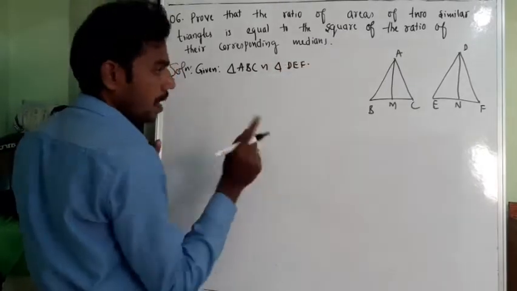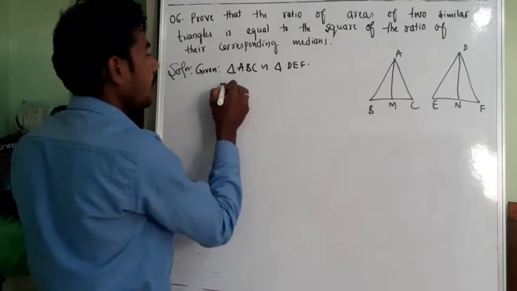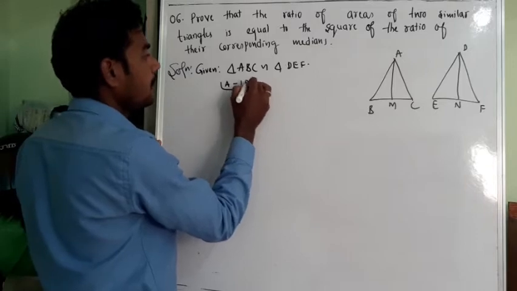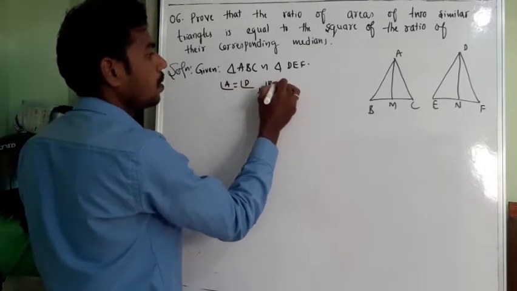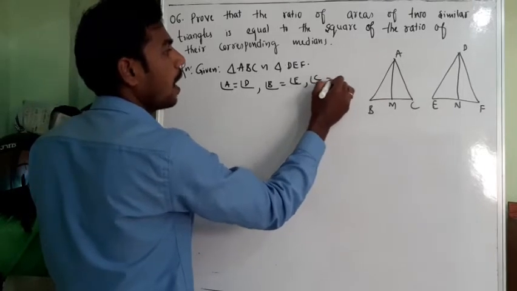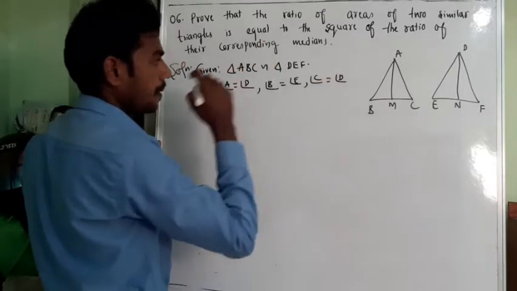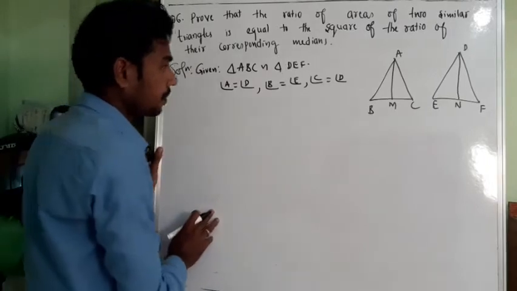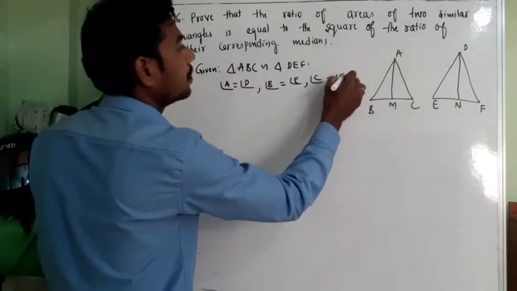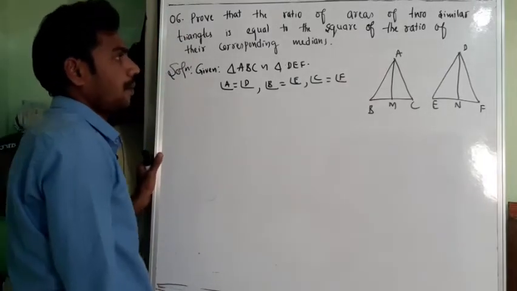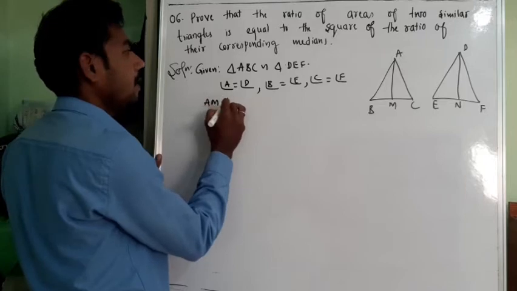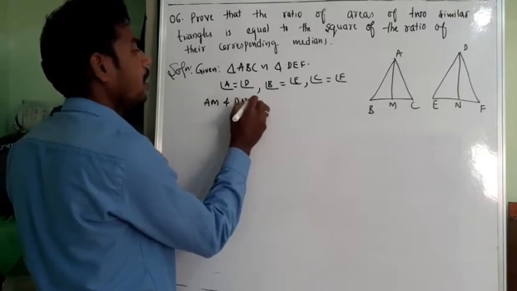Because of that, I can write angle A is equal to angle D, angle B is equal to angle E, angle C is equal to angle F. And AM and DN are medians.